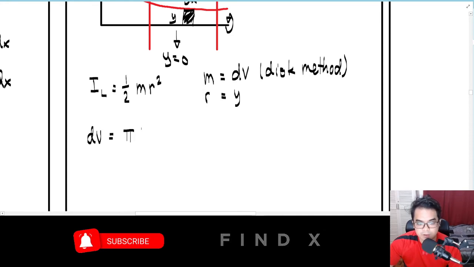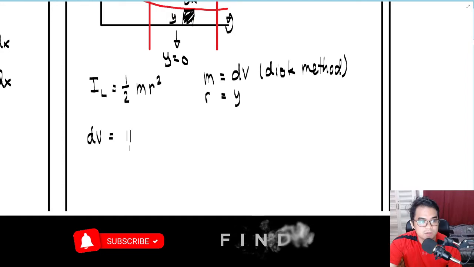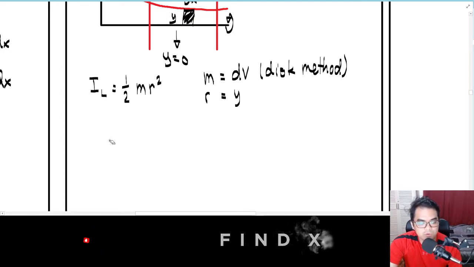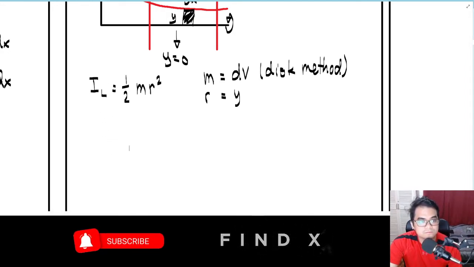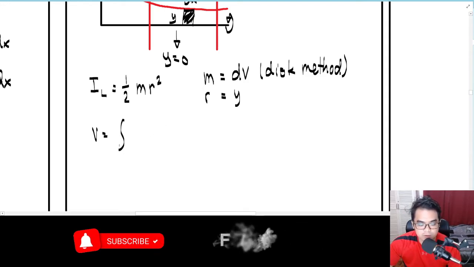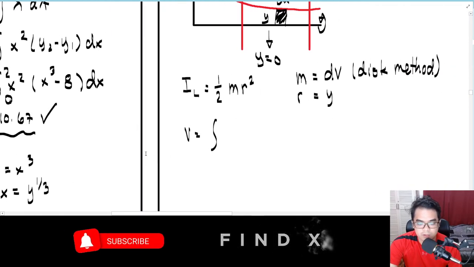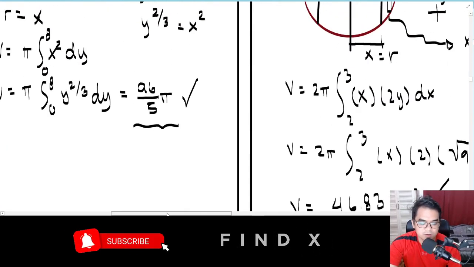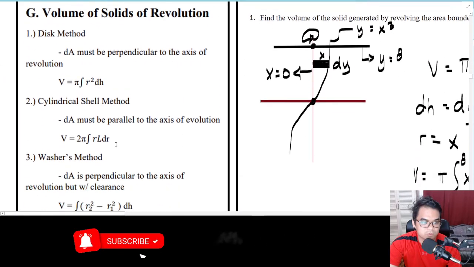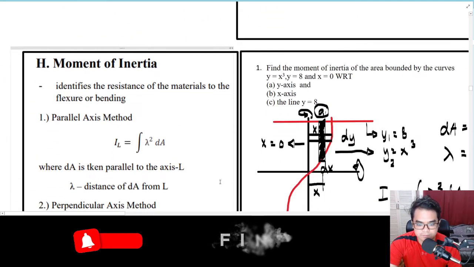Because originally, to show you, the formula for this method is v equal to the integral of r squared dh, right?